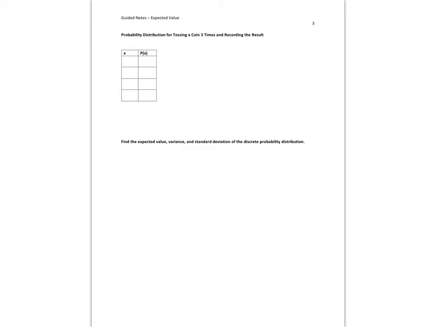So the probability distribution for tossing a coin 3 times and recording the result. What I want to record is the number of heads. So let x, the random variable, represent the number of heads. All right, so let's do a tree.